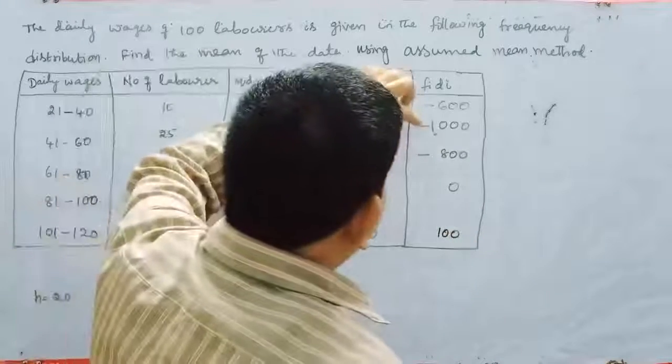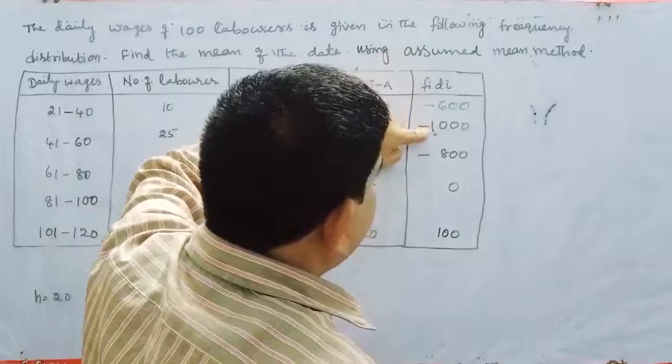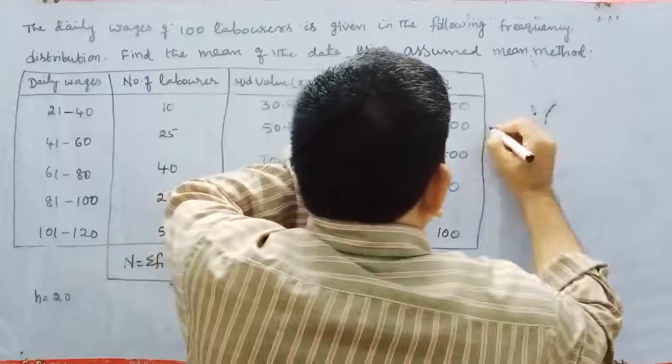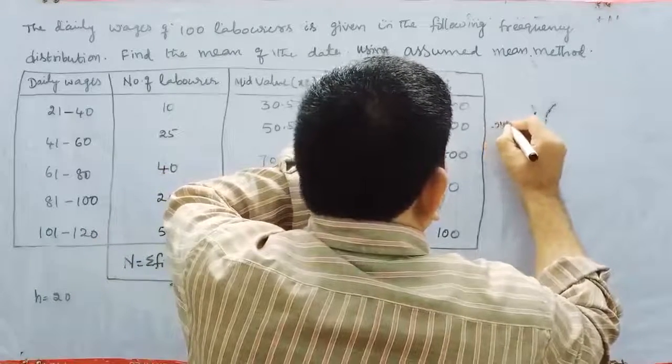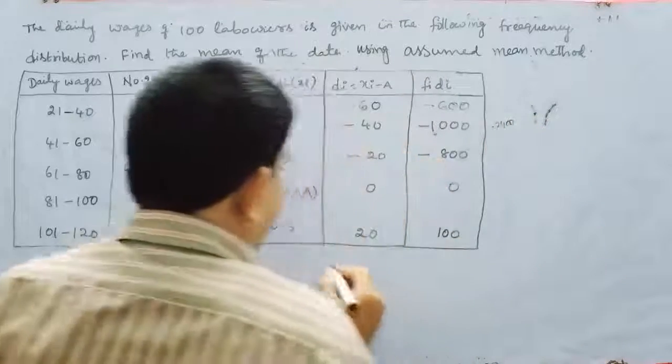Next, the sum: minus 600, minus 1000, minus 1600, minus 800, minus 2400, and minus 2400 plus 100, that is minus 2300.